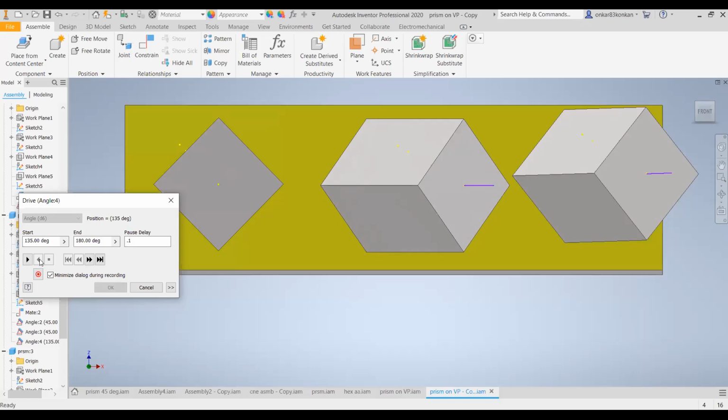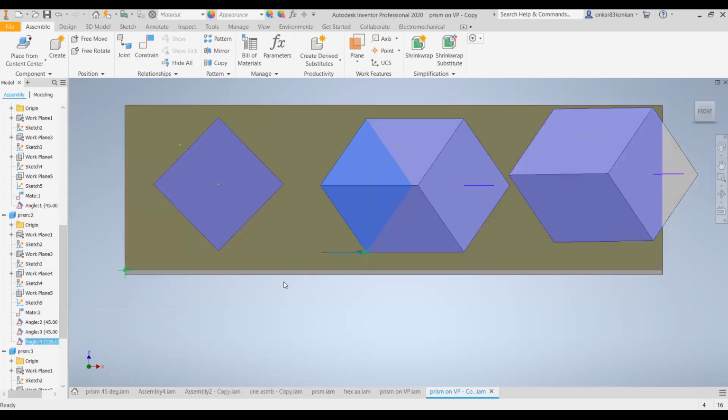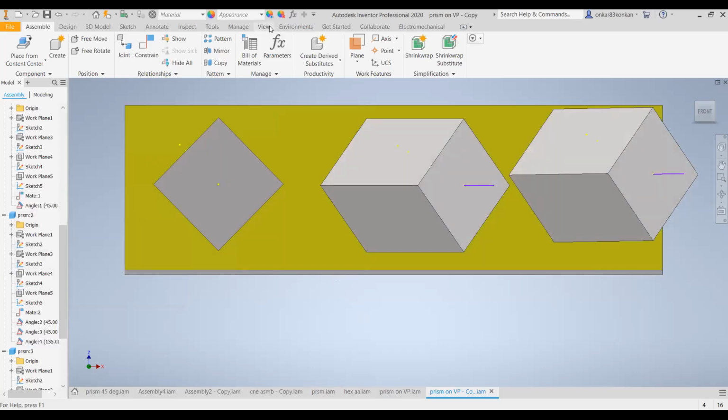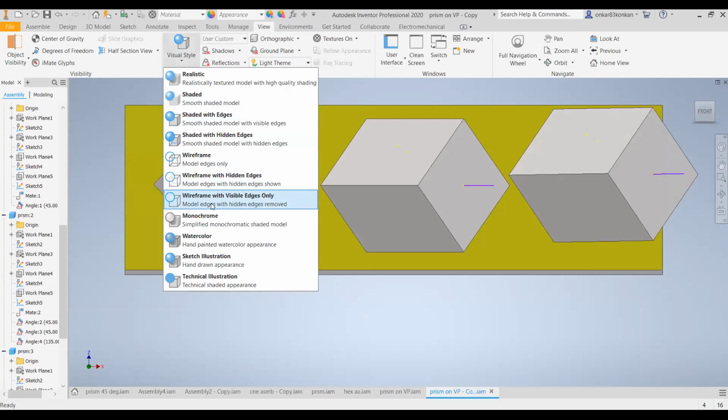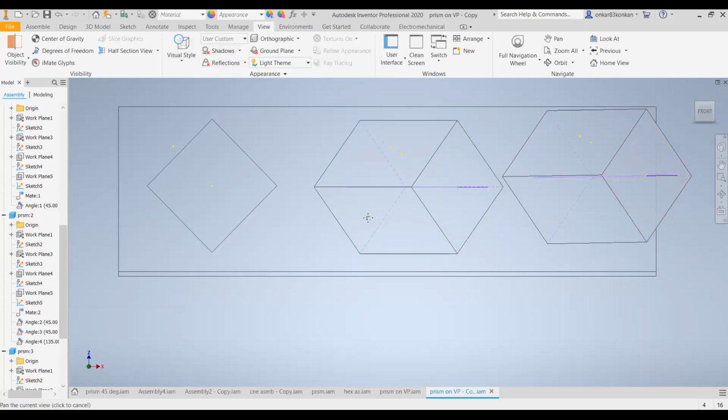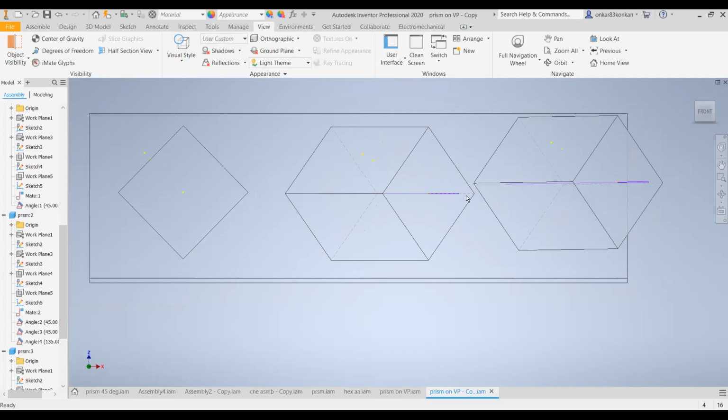And three of its edges will be hidden in the front view. Okay. So let us see which are the hidden edges. So you can observe here, there are three hidden edges. One is the vertical edge.